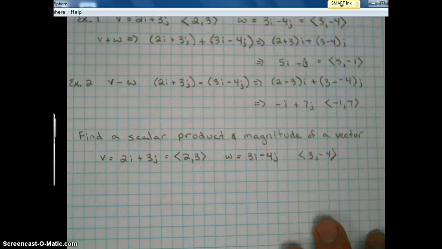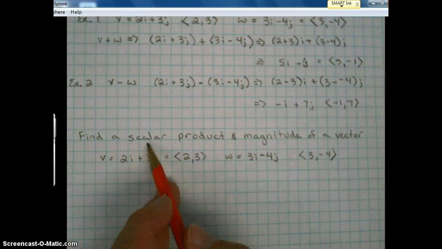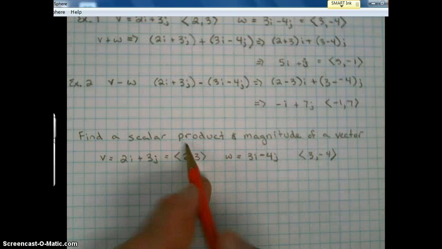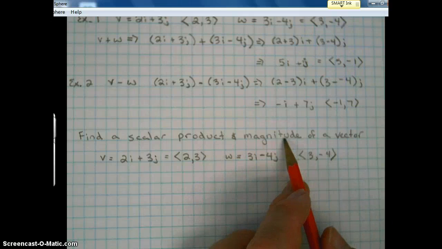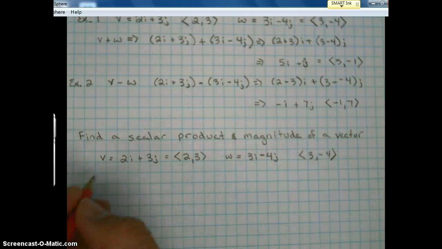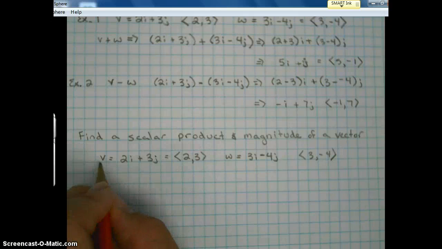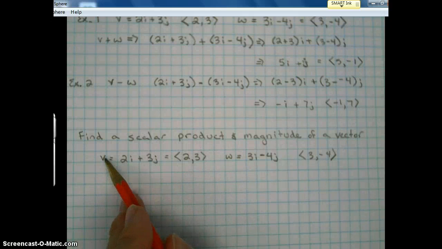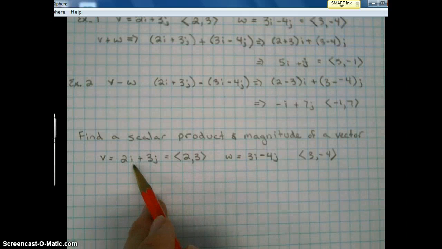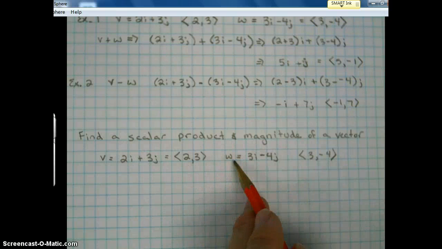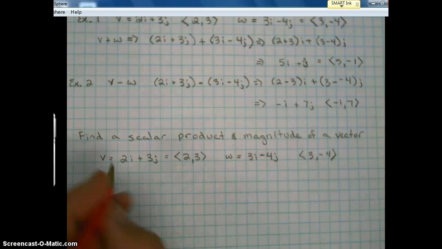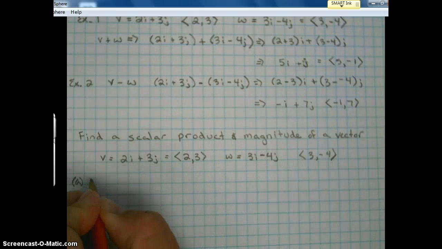Okay, next topic. Find a scalar product and magnitude of a vector. So here's our vectors. We have vector v, 2i plus 3j, vector w, 3i minus 4j. So for our first example, we're going to apply a scalar product.